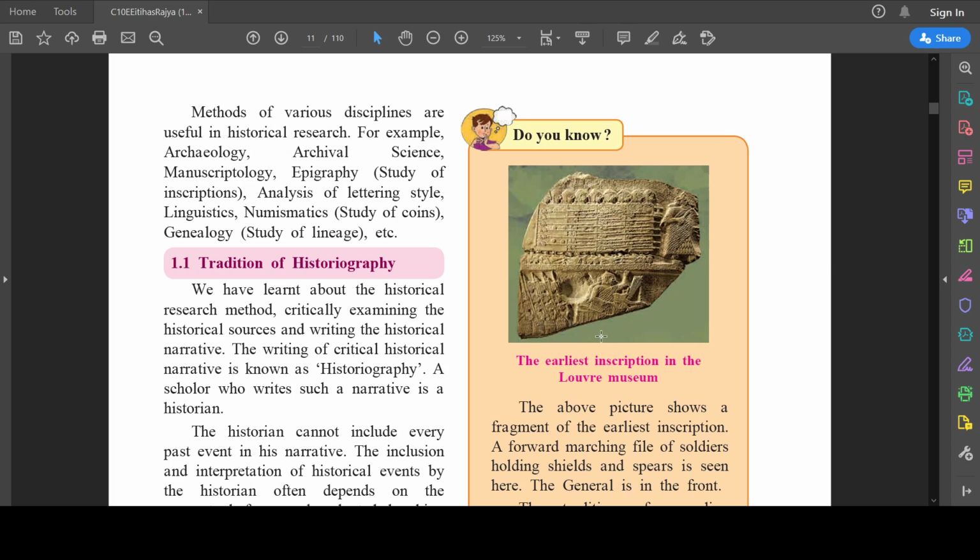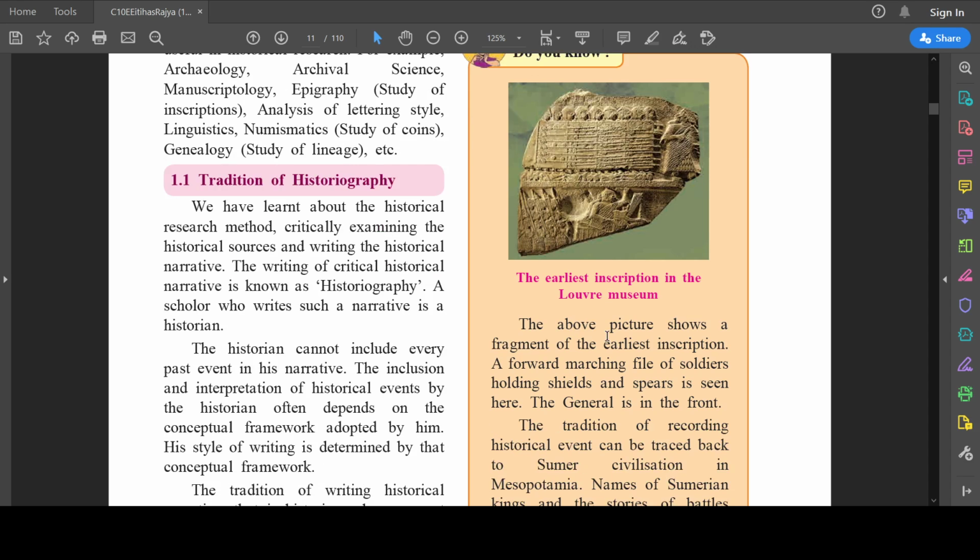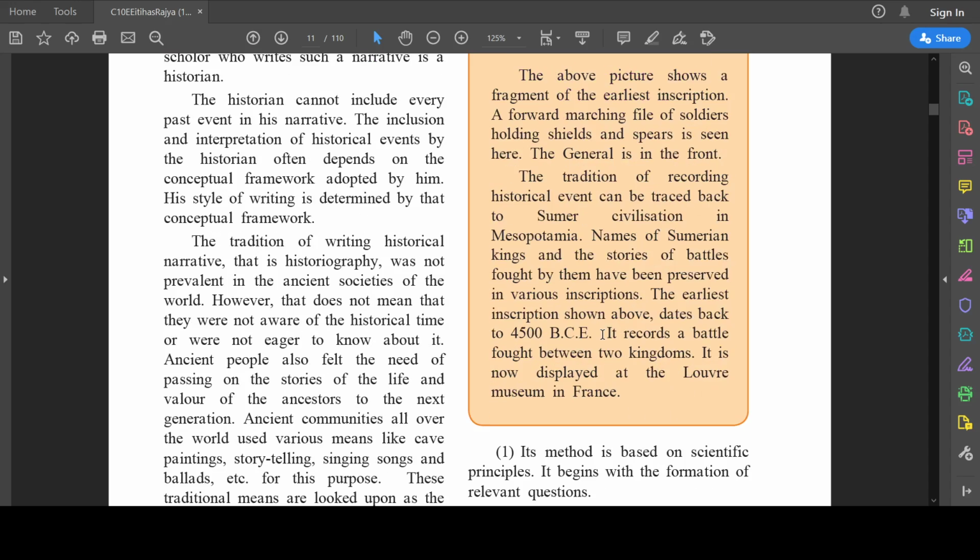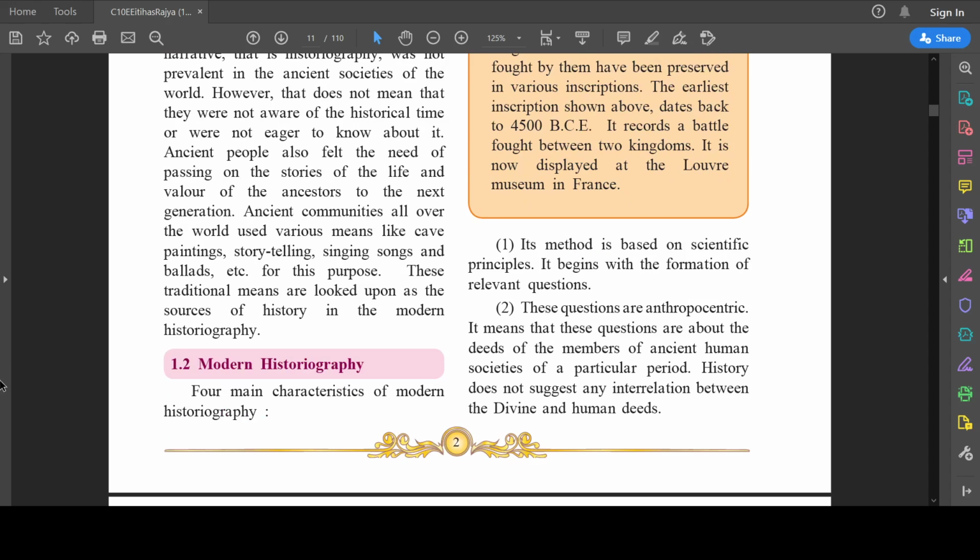Last paragraph, left hand side. 4 main characteristics. Got this, children? Page number 2. Left hand side, last paragraph, modern historiography.